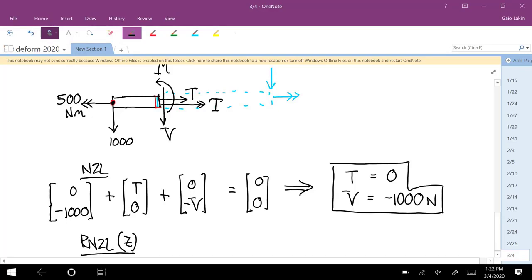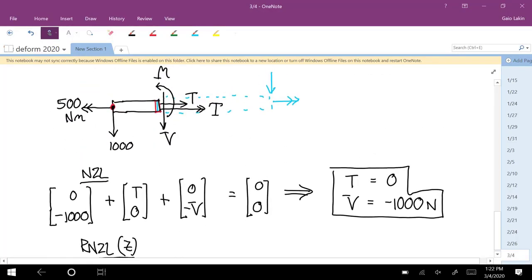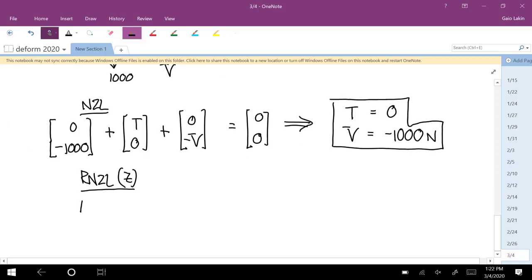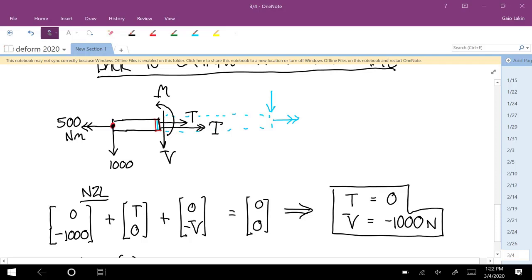No, the line of action goes through that point. What about torque T? No, that's x direction. M does, though. That's a couple about z. And what about V? It does. So the only ones we have are M, so adding on that couple M. And then what's the moment applied by this V?